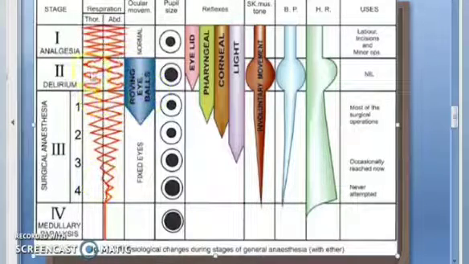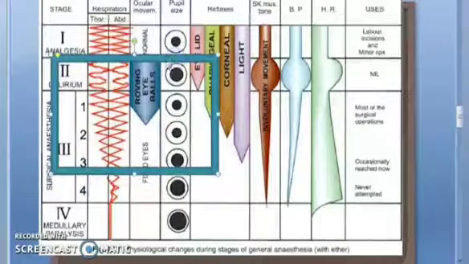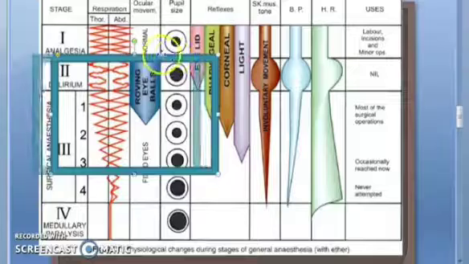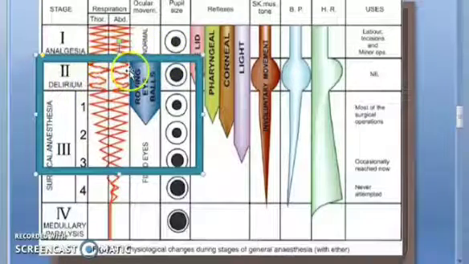In modern anesthesia, this delirium stage is very small, or very inconspicuous. Another thing you can notice in this delirium stage is something called roving eyeballs. The ocular movement, the roving of eyeballs, is there.